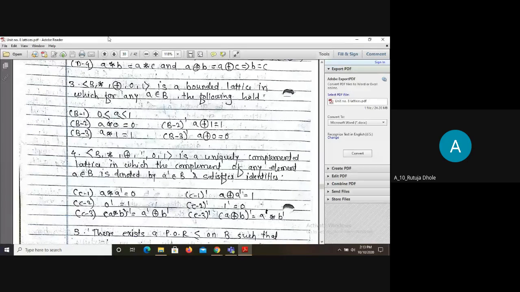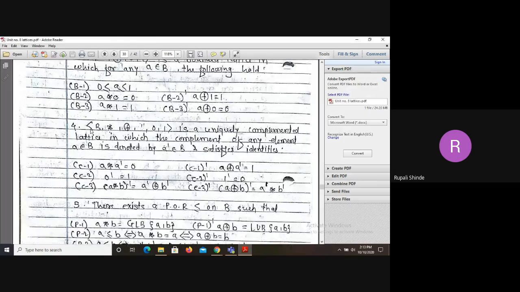Yes, ma'am. Okay. Now the fourth property is for a complemented lattice. So here B star XOR complement 0, 1 is a uniquely complemented lattice in which the complement of any element A belonging to B is denoted by A dash. So this dash is the complement.